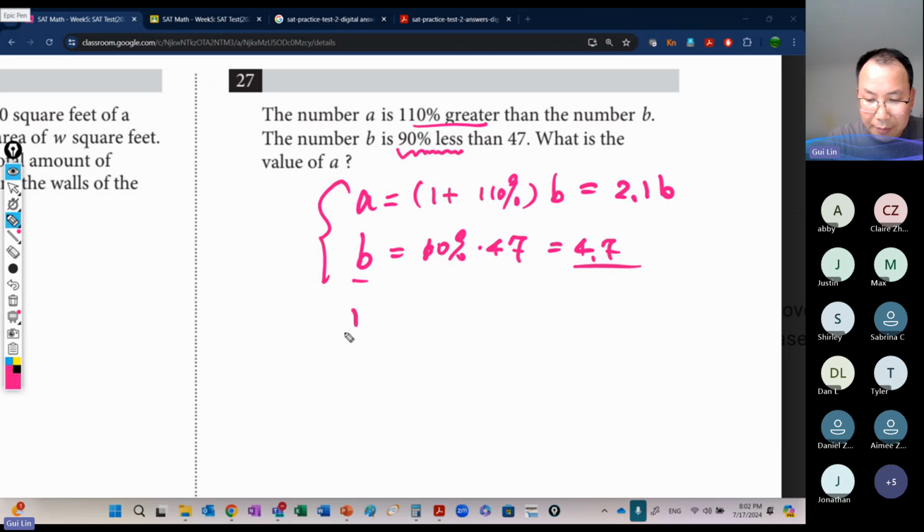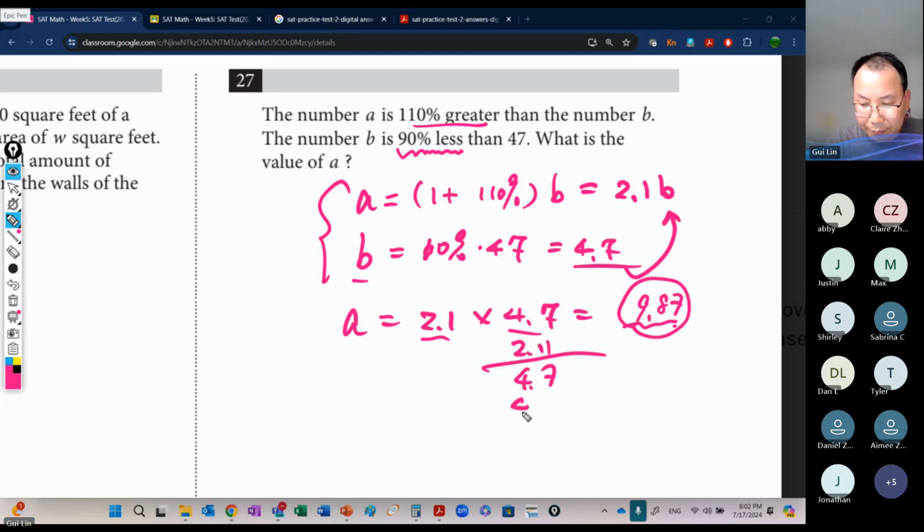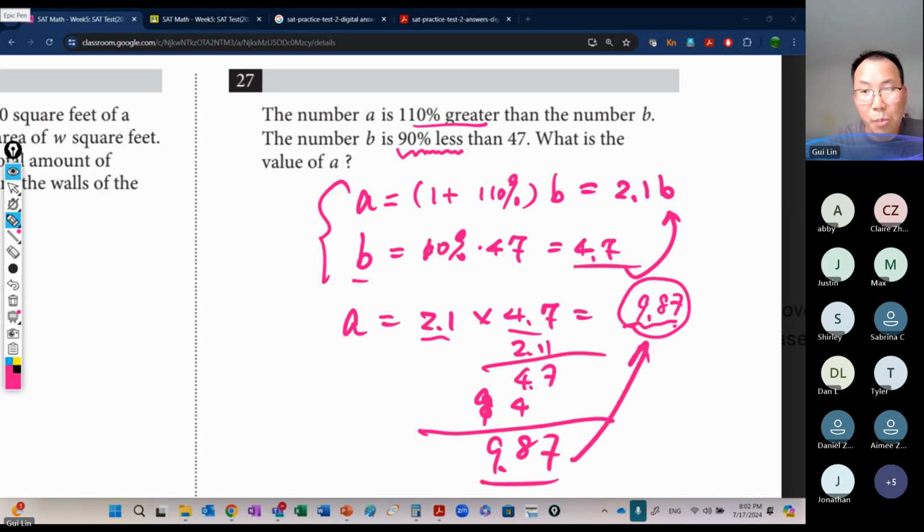So what's A? Replace B with 4.7 here. It's around 9 somewhere, 9.87. You guys can do a quick calculation, right? Yeah, 9.87. That's right.